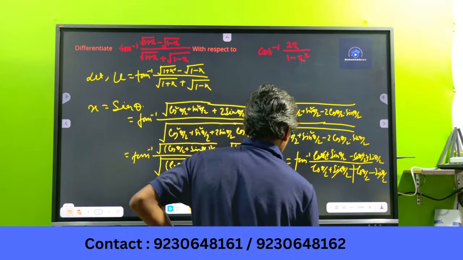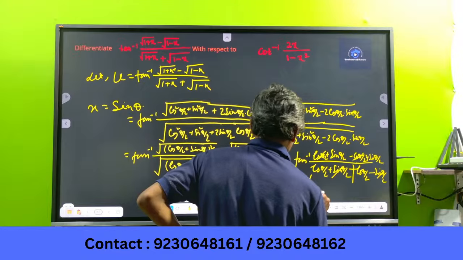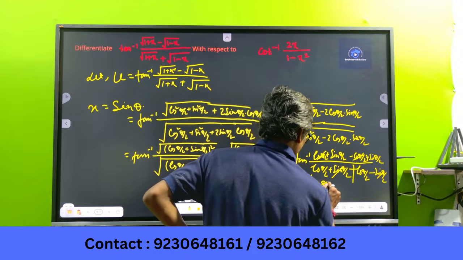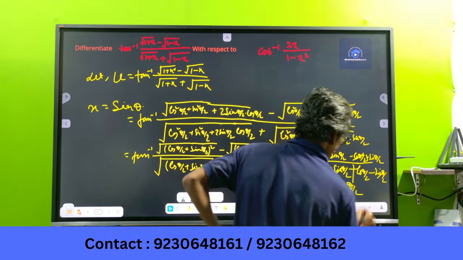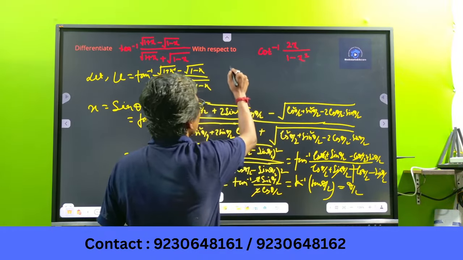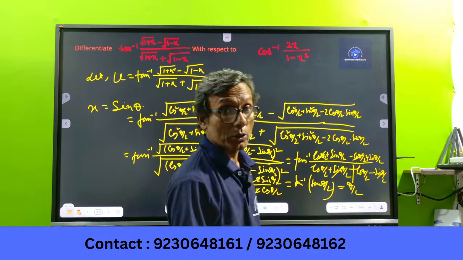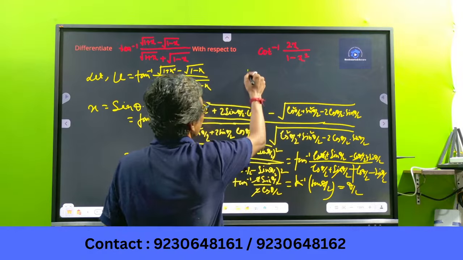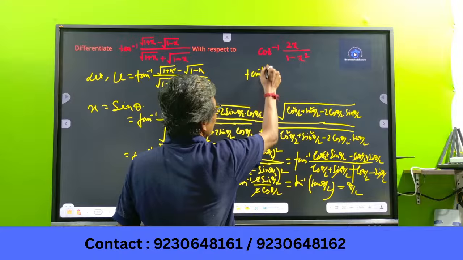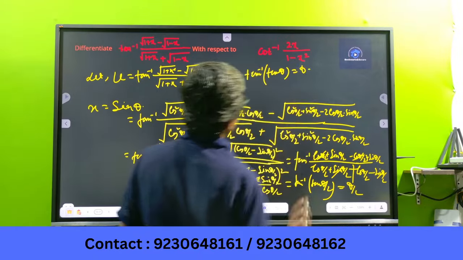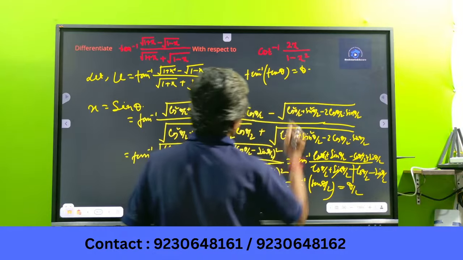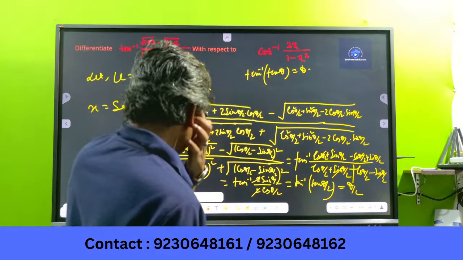So tan inverse tan theta by 2, that is theta by 2, using the formula of inverse trigonometric function, that is tan inverse of tan theta is equal to theta.